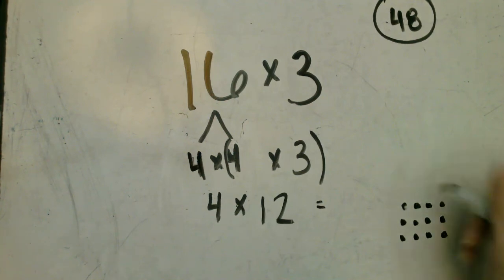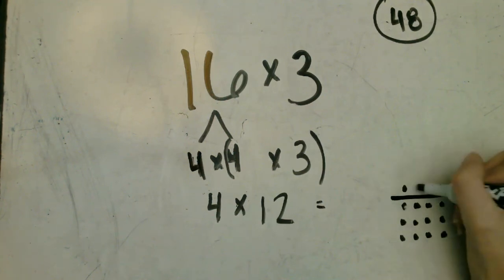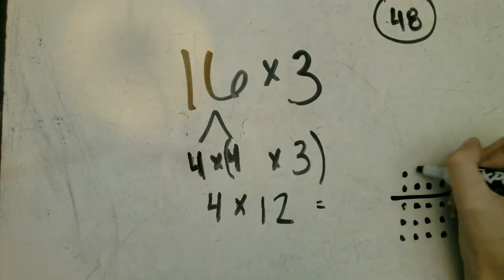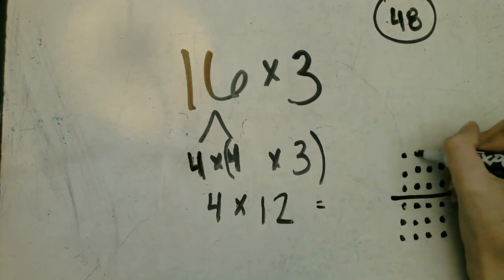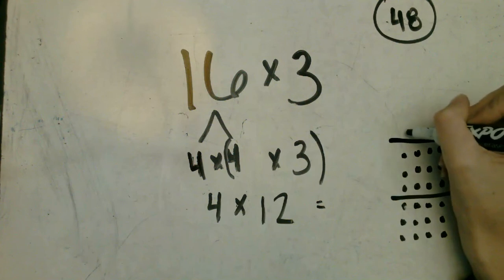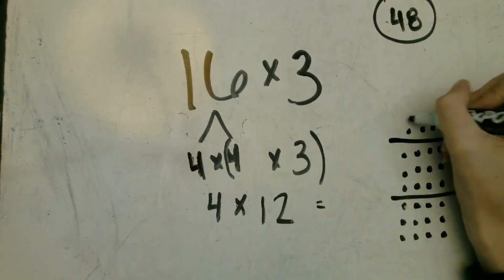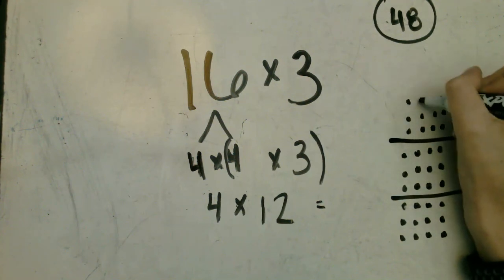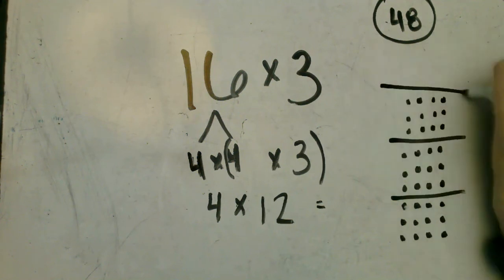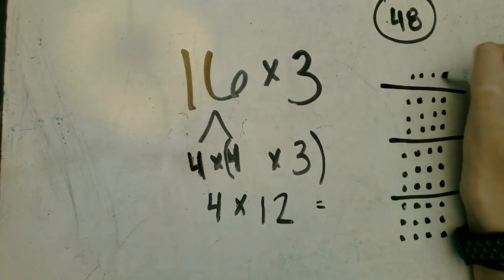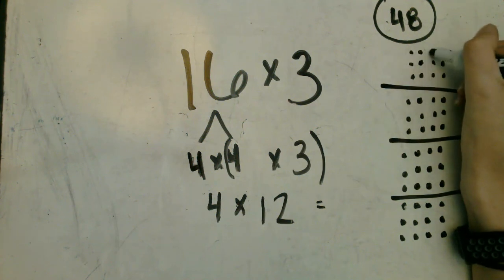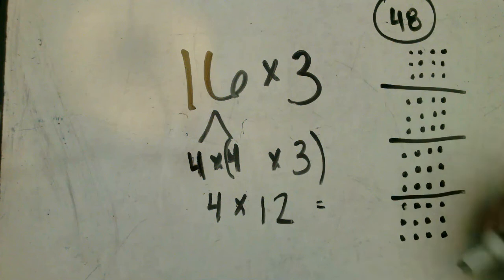And then if we counted all of these dots up, we would see how many we had in total. This is an array. Remember, an array is a picture that shows us a multiplication problem represented. Here we have our 4 groups, and in each group is 12 dots.